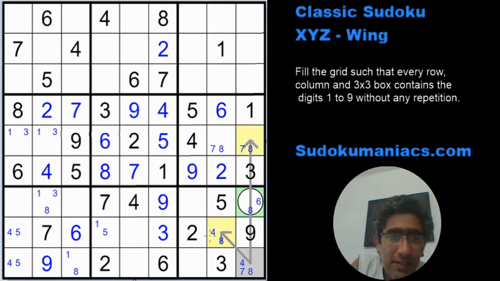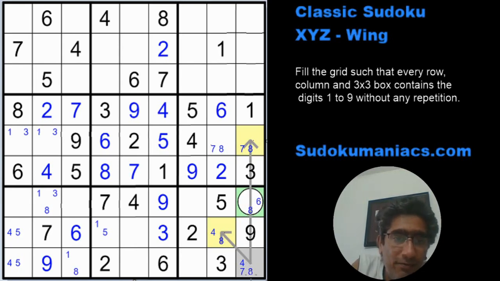But in XYZ, we take a buddy cell of all the three cells, that is the ends as well as the pivot. And there's only one cell that satisfies that constraint, and that is row 7 column 9, because it is in the same column as column 9 and it is in the same box with R8C8. Hence we can eliminate the digit 8 here.